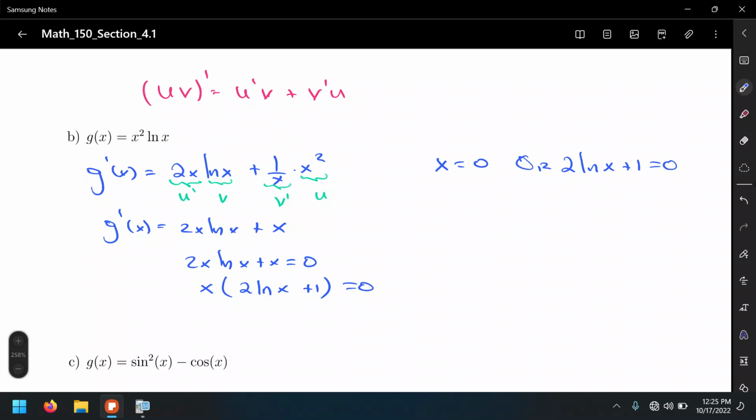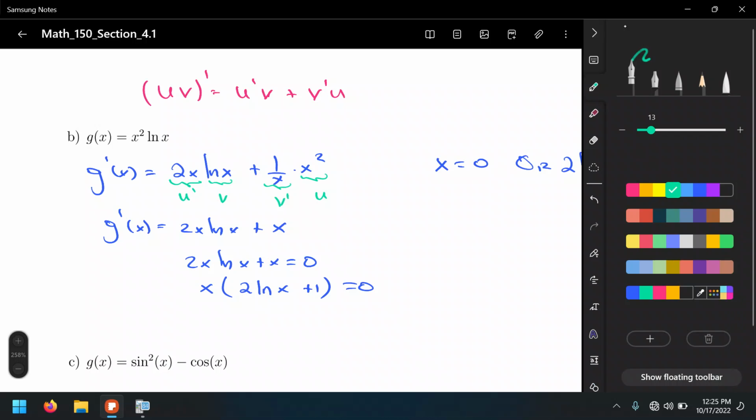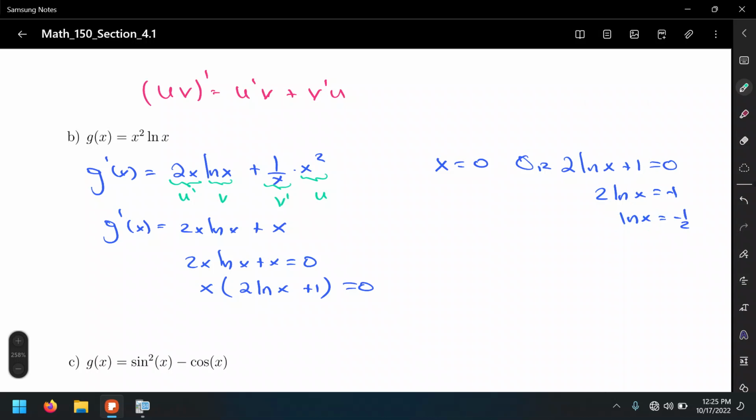Well, x equals 0, it's already x equals 0. Let's solve 2 ln x plus 1 equals 0 for x. So subtract 1 from both sides, and ln x equals negative 1/2. And to get x by itself, what do we do? What do we do to get rid of the ln?